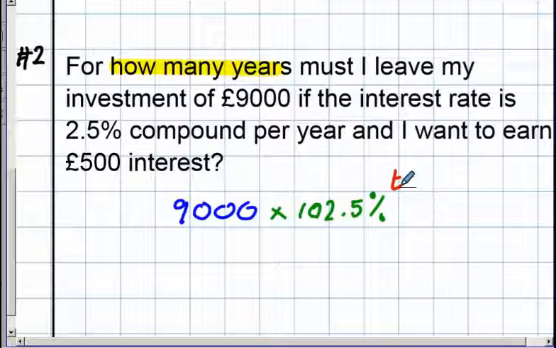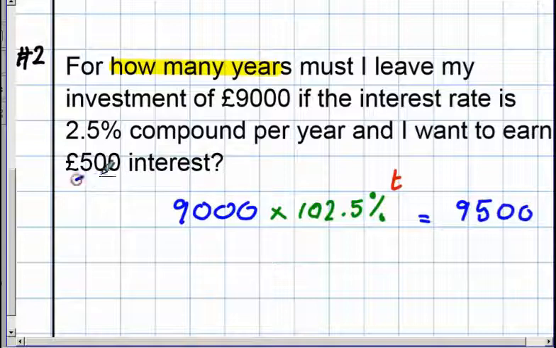What value am I trying to make it equal? It says I want to earn £500 interest. So what is the figure I'm trying to get to? 9,500. Yes, I want it to grow by 500, so it would be 9,500.